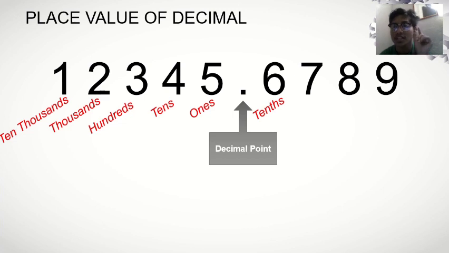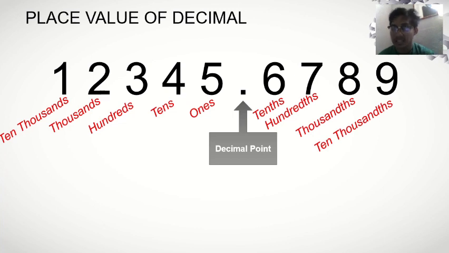Mapapansin nyo meron siyang THS value. The letters, the prefix. That means that is a part of decimal place value. THS, tandaan nyo. Tens. Kung may tens, ano yung kasunod? Hundreds, thousands, and 10,000s.